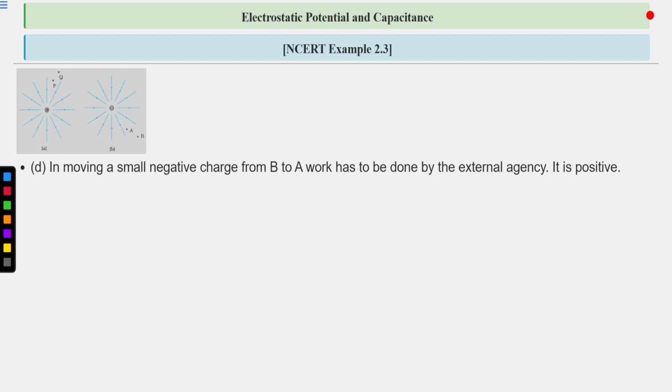But we are applying the force in the inward direction, moving this negative charge from B to A. And displacement is also in this direction. So what is the work done by the external agency? Positive. And work done by the field is here negative.